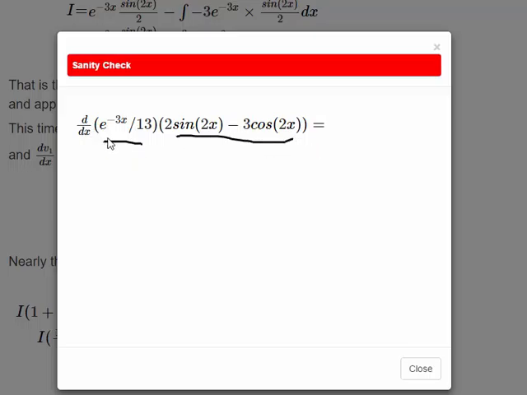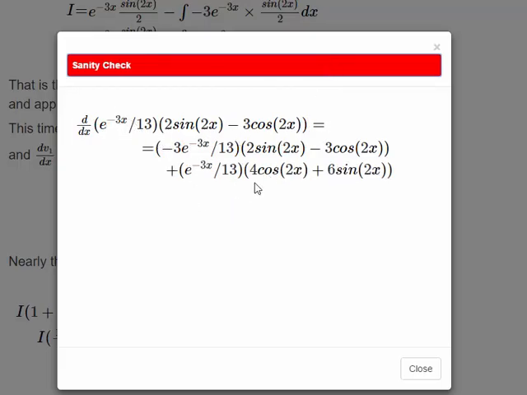So the differential of the exponential term is going to be minus 3 e to the minus 3x over 13 times 2 sine 2x minus 3 cos 2x. Then we're going to add to that e to the minus 3x over 13 times the differential of this bracket, which will give us 4 cos 2x, and because that's a cos we'll end up with a plus sign here, so it's plus 6 sine 2x.